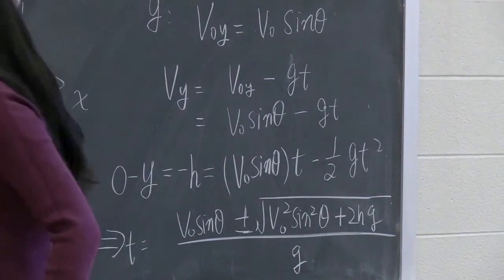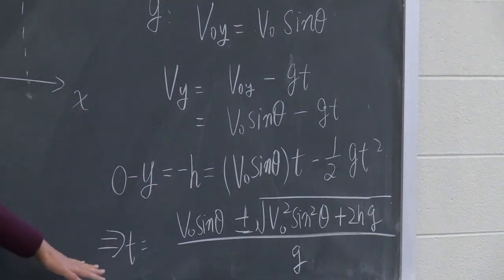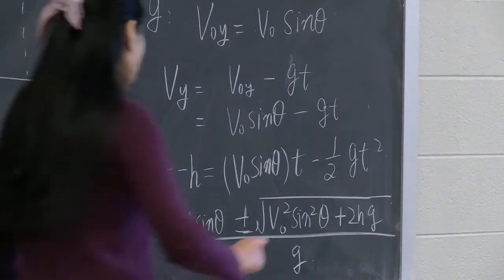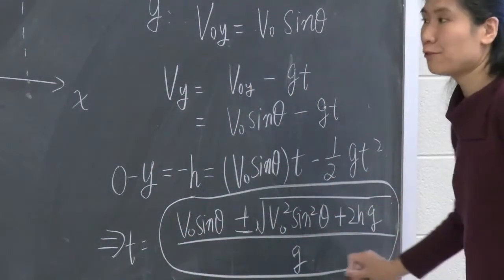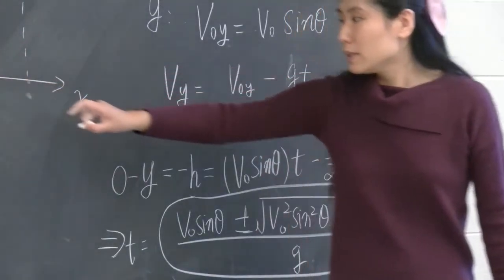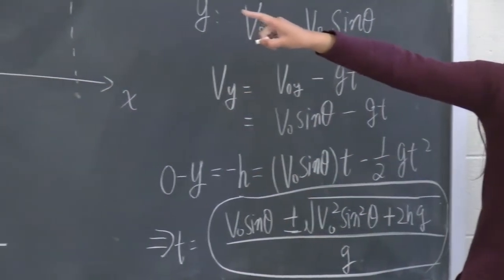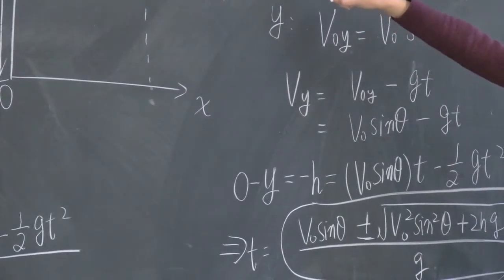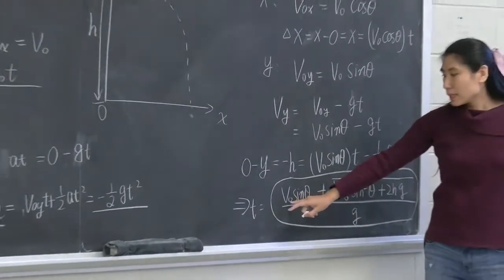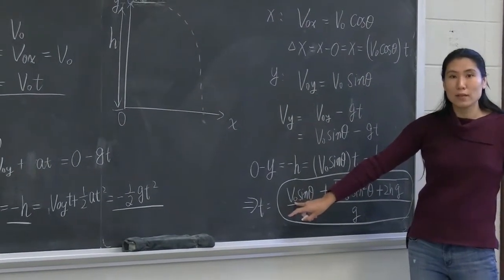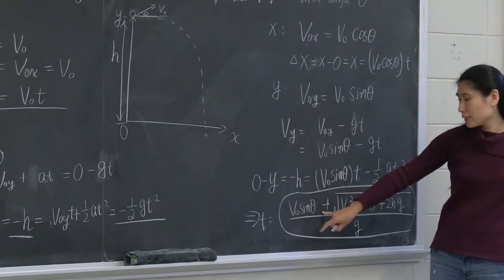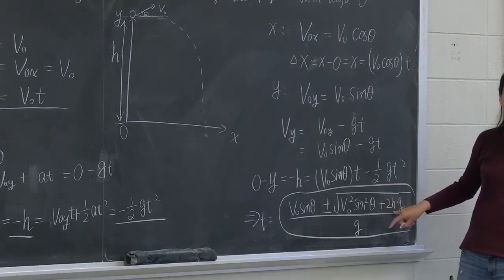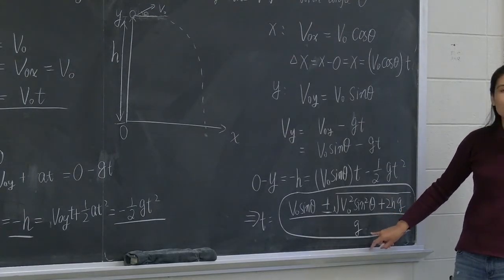What this is telling us is that the time of flight for this ball, when you are shooting the ball at a certain angle above the x direction, depends on the initial velocity you are using, the angle you are using, and the height h and the gravity constant.